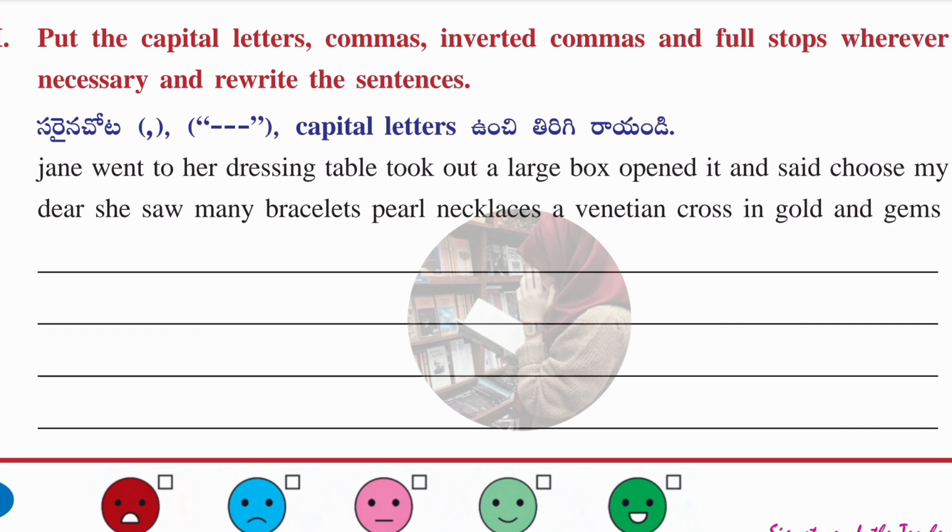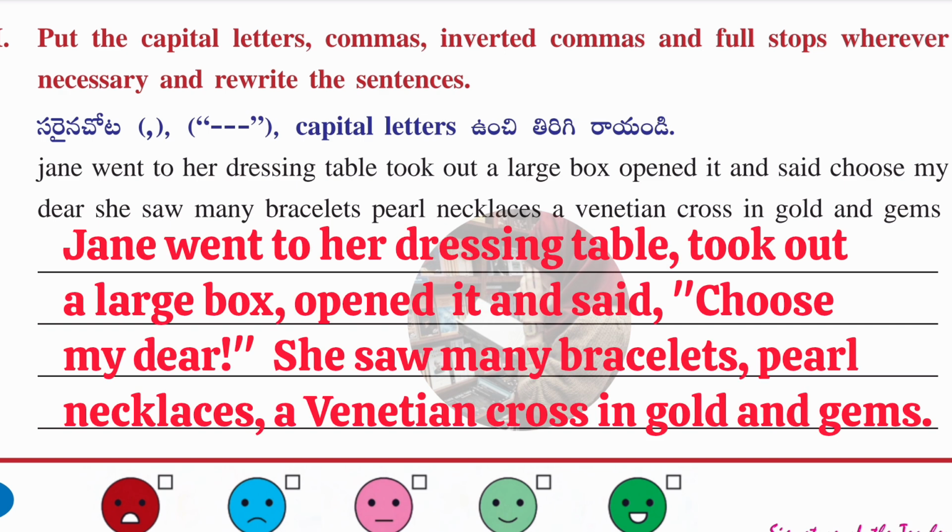Okay, so let's see. First letter should be capital, that is, Jane went to her dressing table, comma, took out a large box, comma, opened it and said, comma, inverted comma start, Cassie, capital, choose my dear, exclamation mark, inverted commas close.